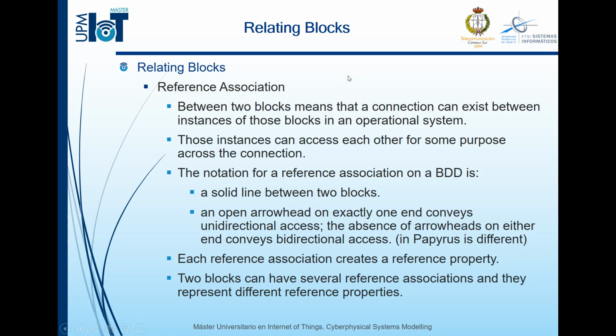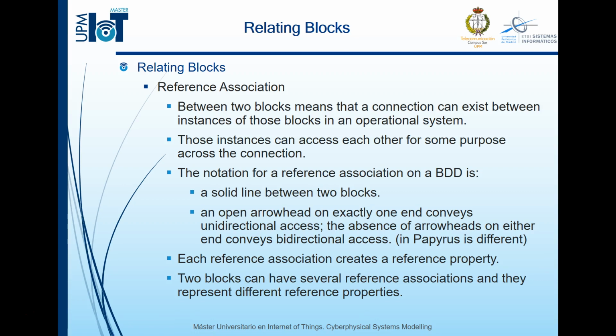And the next is reference association. As I mentioned before, this kind of relationship is applied to two blocks that have a connection in the system, but have some dependencies between them. In that case, those instances can access each other, across this connection, to share data or to get access to the content of these specific features.